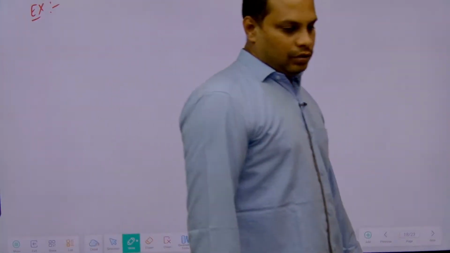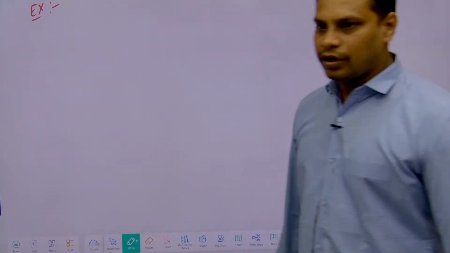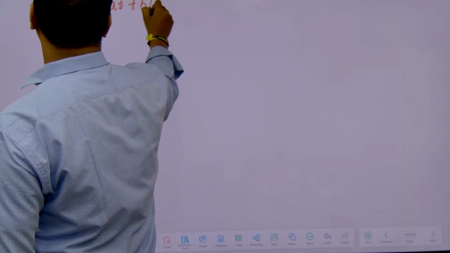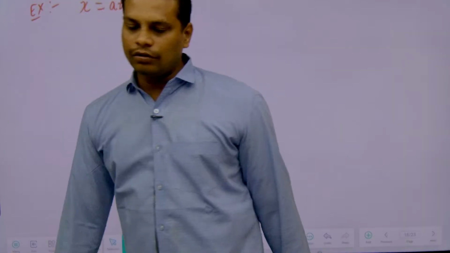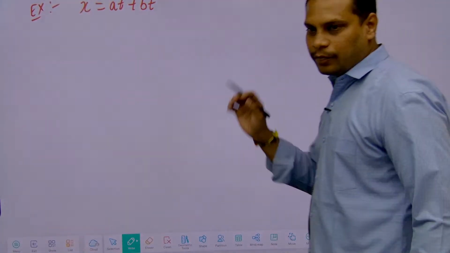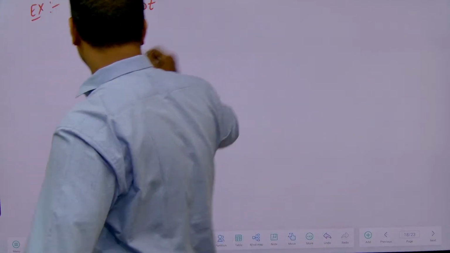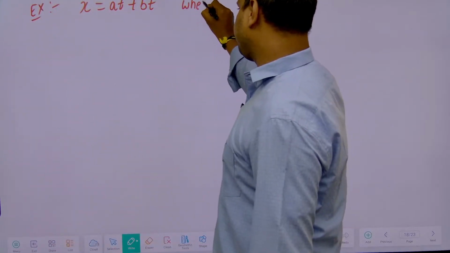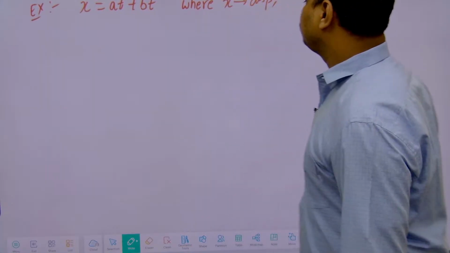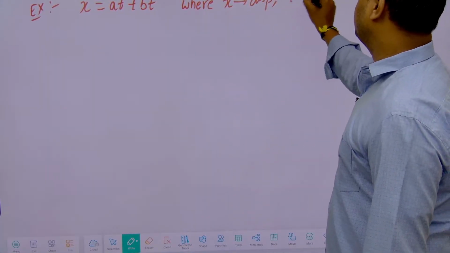Write down an example. One example problem. Okay, write down. X is equal to AT plus BT square, where X is displacement, T is time.